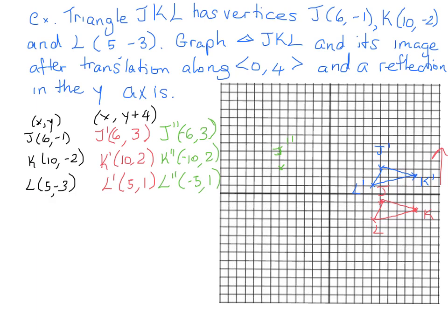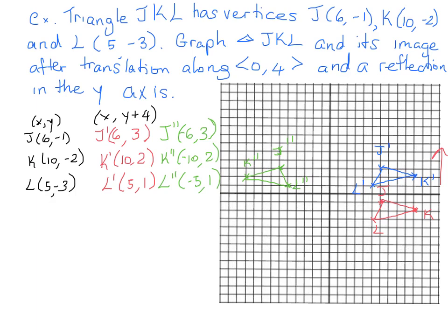All right, K double prime is -10, 2, so that's all the way over here. And L double prime is -5, 1, so right here. So our reflection of the translation looks like this.